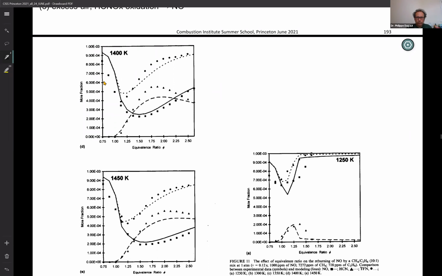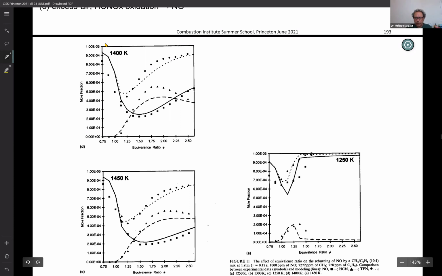We did several types of experiments. We did experiments where we keep the temperature constant and vary the equivalence ratio, and we plot NO, HCN, and total fixed nitrogen.